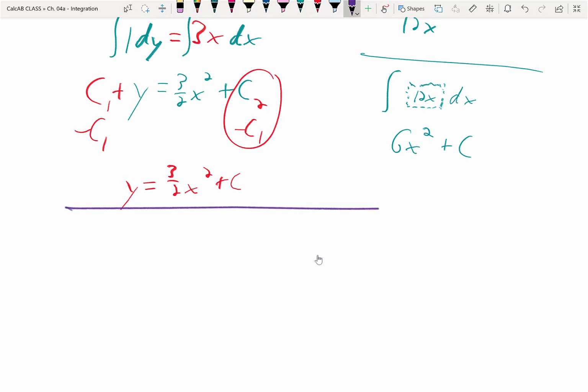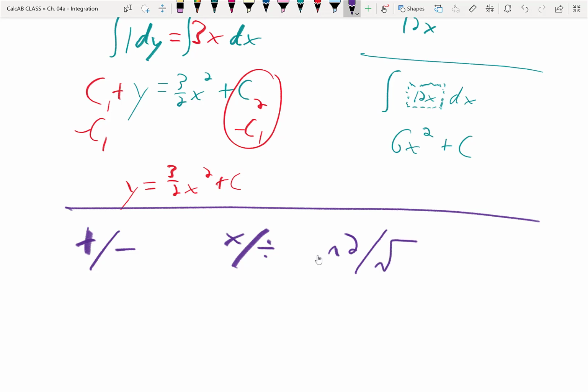I also want you guys to think of this as opposites. So you guys know that plus and minus are each other's opposites. Multiply, divide are each other's opposites. Raised to the second versus square root are each other's opposites. I can go raised to the n and nth root are each other's opposites.